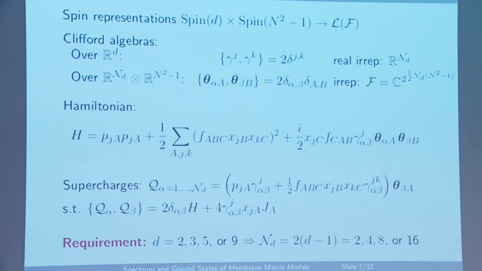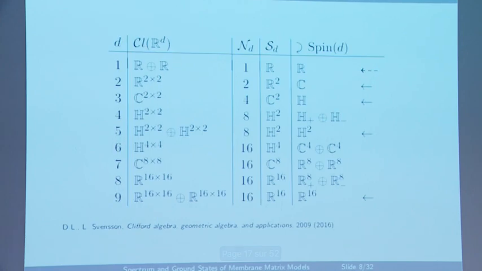In order to understand this requirement, one needs to know a little bit more about Clifford algebras, but I don't have so much time to get into it. Let me just show this table. This is the dimension, R^D, and then you consider the corresponding Clifford algebra. These are well known to be essentially matrix algebras or a sum of two matrix algebras, but the matrices have a real or complex or quaternionic structure.